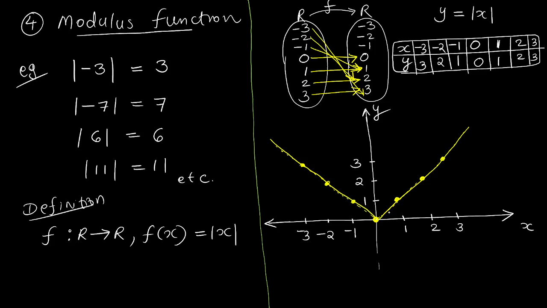You may mark the points here: 1, 1, 2, 2, 3, 3. Minus 1, 1, minus 2, 2, minus 3, 3. Like that. It is a V-shaped graph. So it is the graph of y equal to mod x. So it is a V-shaped graph having vertex at origin. Vertex at origin. Please draw the graph.